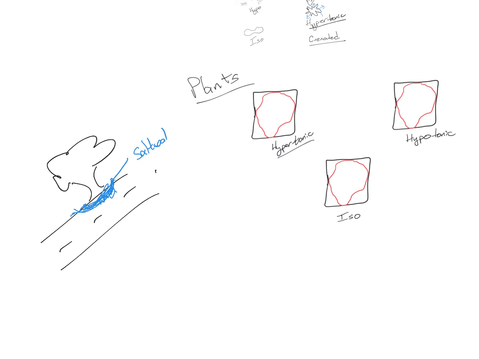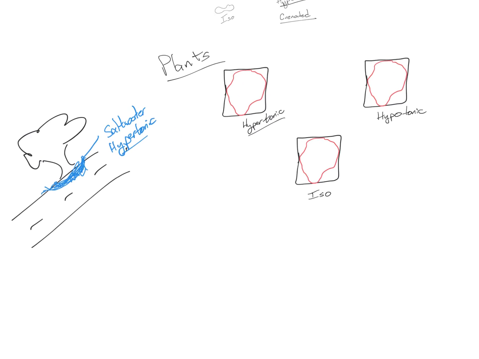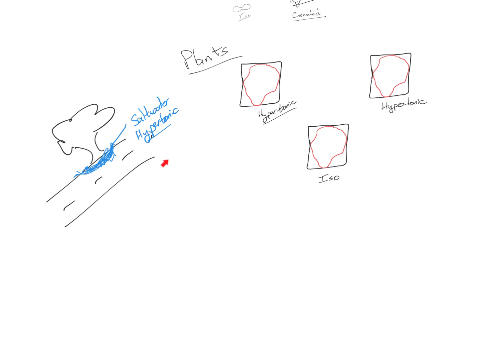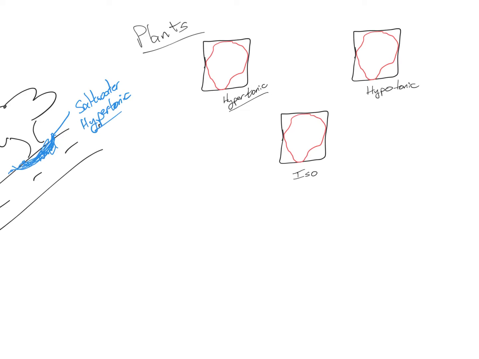Salt water is hypertonic. That's why plants have a hard time living wherever you're salting roads. It's very hard for trees to do well along the side of a road because there's a lot of salt water in the winter in places like Cleveland.